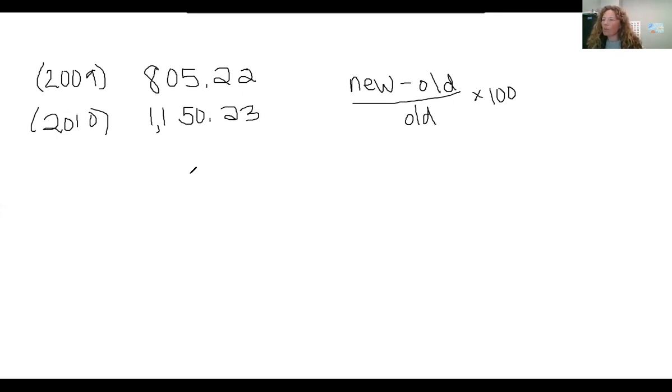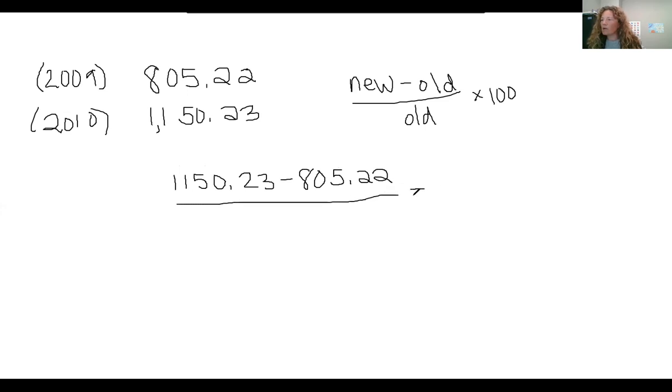So what value are we at? 1150.23. And that's an increase from 805.22, okay? All right, when I plug it in here, again, you can use a calculator or do this by hand, and I will do that in a minute, but we have to figure out the other part of the equation as well.